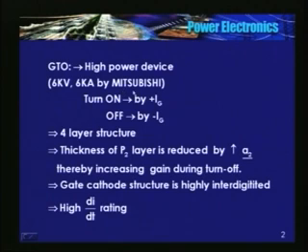It has been developed. SCR and Triac are both semi-controlled switches, whereas GTO is a fully controlled switch. You can turn it on by positive Ig and you can turn it off by negative Ig. Okay.